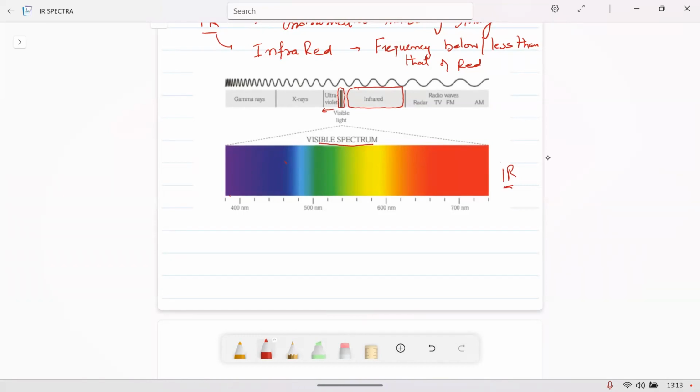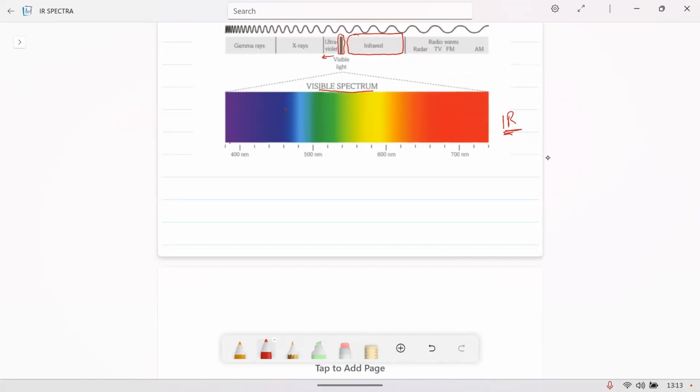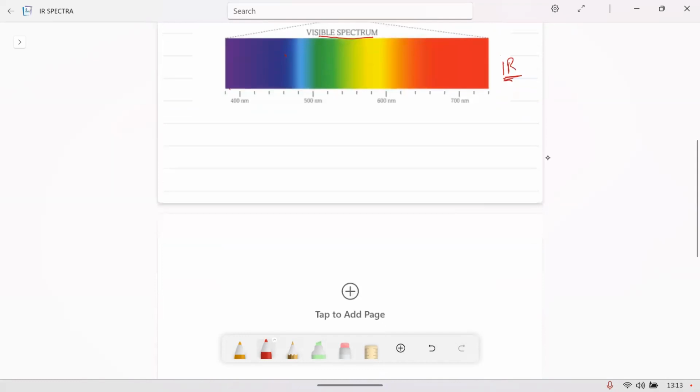So we are talking about frequency less than red, or wavelength which is more, because frequency and wavelength are inversely related. You must have done this in your physics. And why are we saying they have less energy? Because the relation is E = hc/lambda, where c is the velocity of light, lambda is the wavelength, and E is the energy.